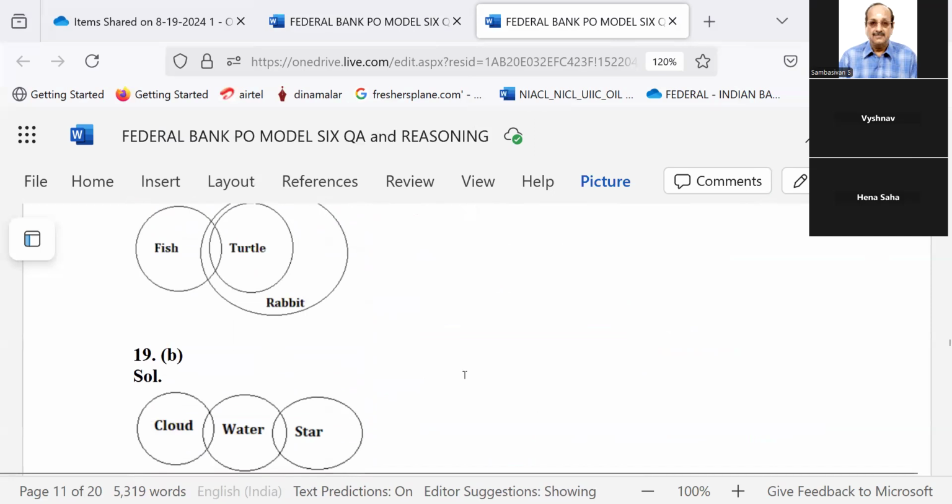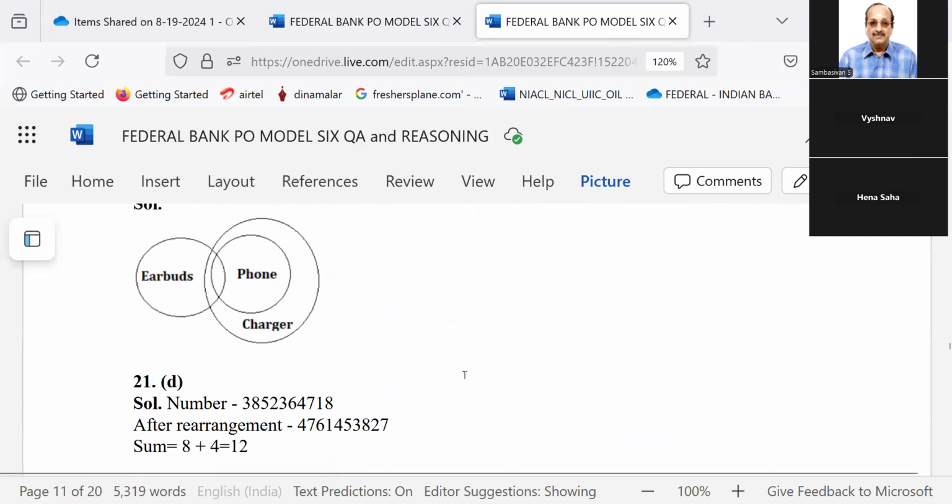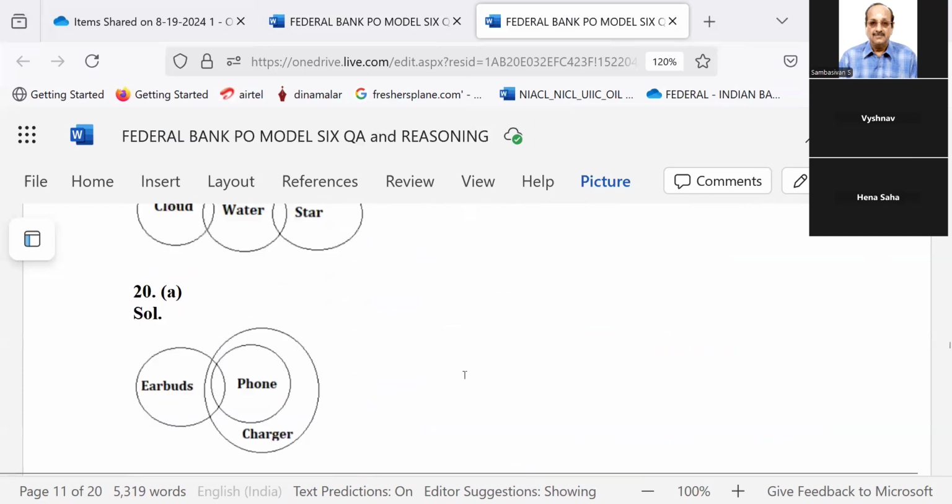The 19th picture will come like this. And the 20th picture will come out like this. So this is what it is.